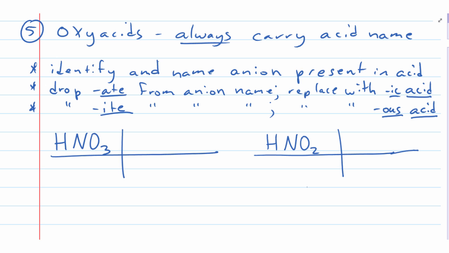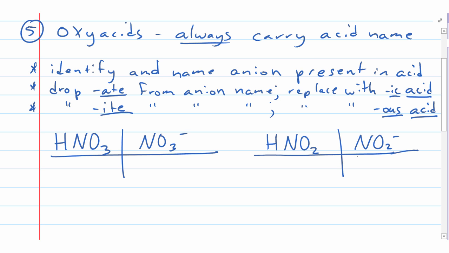The first thing we do is identify the formula of the anion. We get rid of the hydrogen, and the formula of that anion is NO3 with a charge of 1 negative. In the second one, the formula is NO2 with a charge of 1 negative.